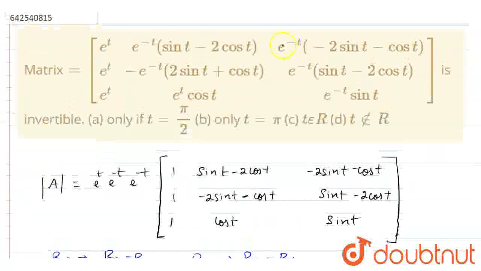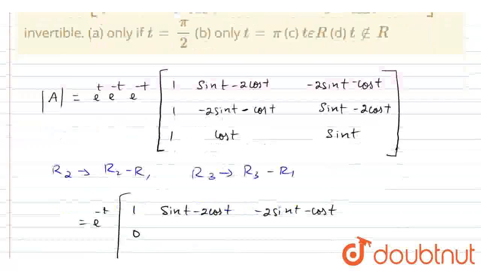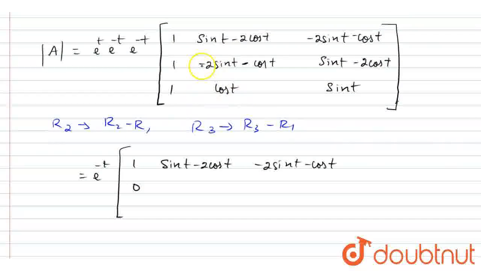See here, I'm going to take minus t, so the minus goes inside, minus and minus cos t. Okay students, so minus 2 sin t minus sin t became 3 sin t, minus 3 sin t, here minus cos t and plus 2 cos t, it became plus cos t, and then here this one sin t minus of minus equal to 3 sin t, here minus 2 cos t plus cos t, it became minus cos t.